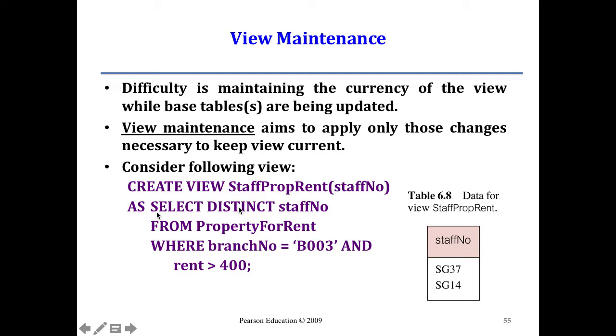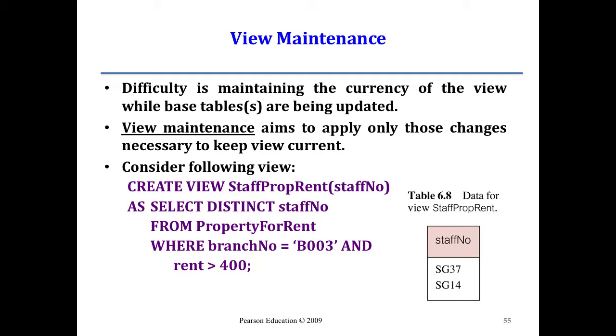Since it's distinct, we can't add it. Conversely, let's say we added a new property managed by SG50 for 600. Now we do need to update the view because SG50 is not currently in here. So that's kind of easy. So the inserts are easy.